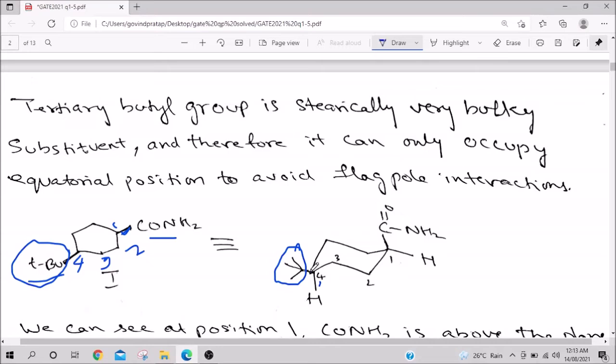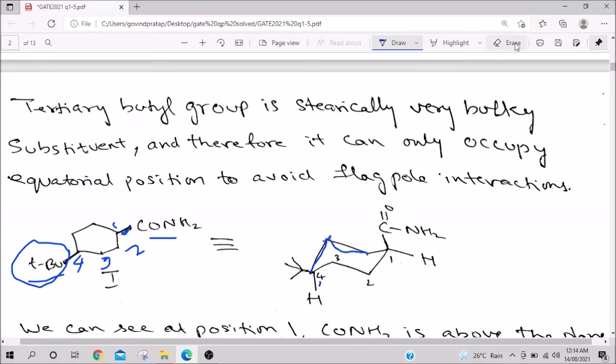So, knowingly I chose this position number 4, because here equatorial position is above the plane and axial position is below the plane. How will we know how to put axial and equatorial positions? Wherever you see a carbon, you want to know where the axial position will be. See from the neighboring carbons how we are reaching this carbon. To reach here, from here I have to go up, from here also I have to go up.